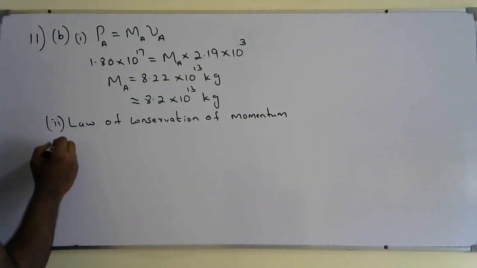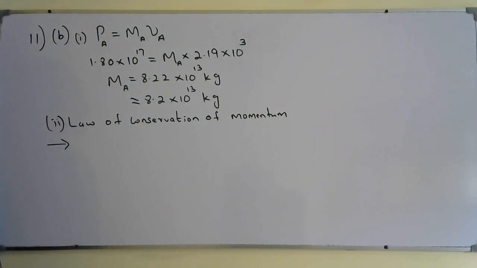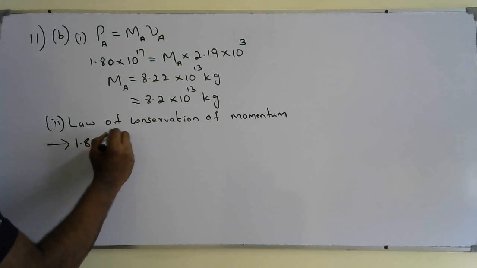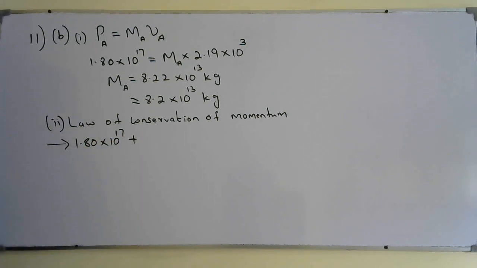I'll take towards right as positive because both velocities are towards right before collision. After collision also they are moving towards right. The initial total momentum of asteroid A is already given, 1.80 × 10^17. The momentum of B, I need to find.